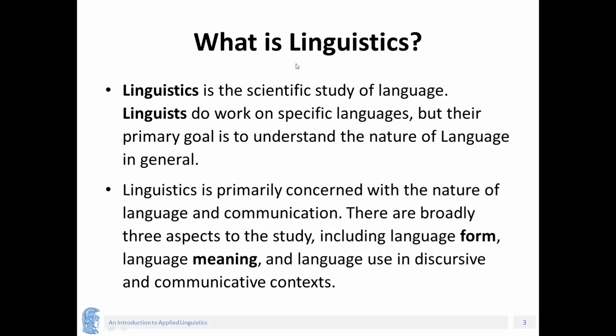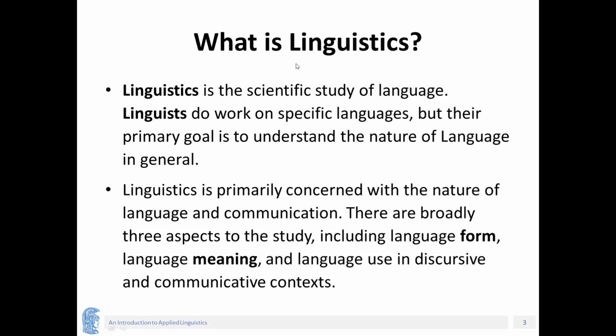Linguistics is primarily concerned with the nature of language and communication. In other words, there are broadly three aspects to the study. Under linguistic, there are three broad areas to study.